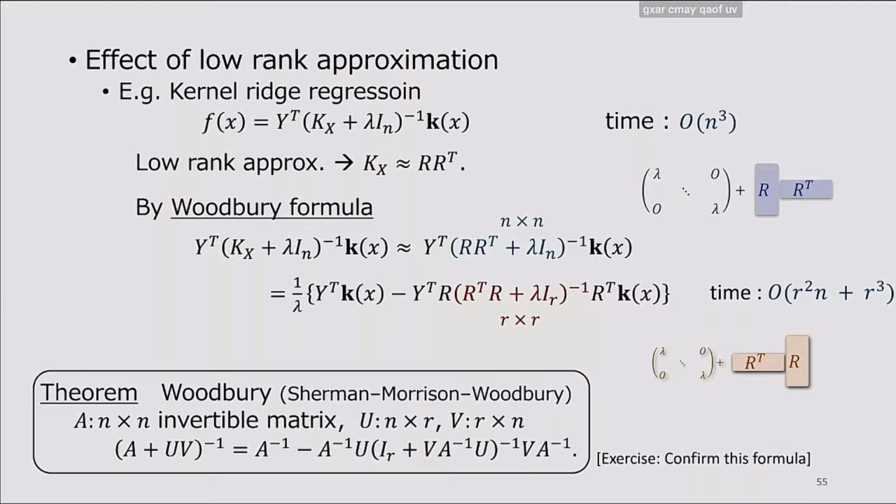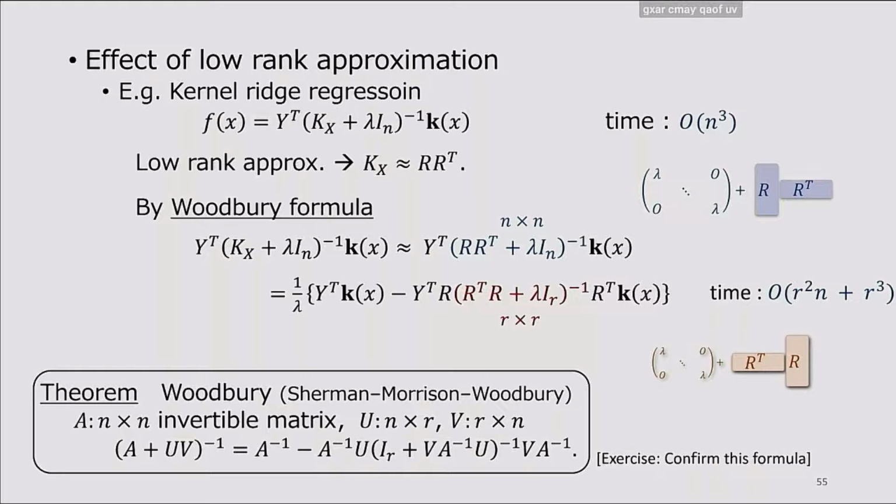But here is a very nice theorem. This is again an n times n matrix, just the approximation of the n times n matrix. But this inversion can be replaced by the inversion of an R times R matrix.